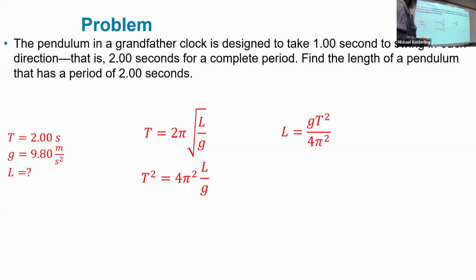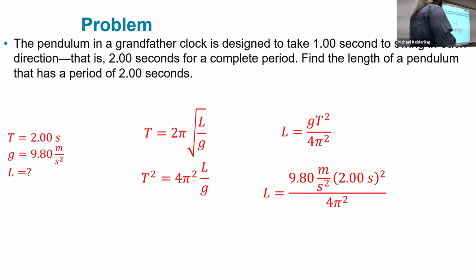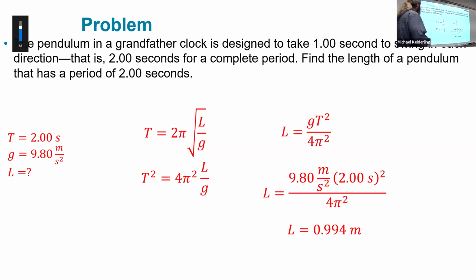So length equals g T squared over 4 pi squared. So 9.8 meters per second squared times 2 seconds squared over 4 pi squared gives us 0.994 meters. Just a touch under a meter in length.